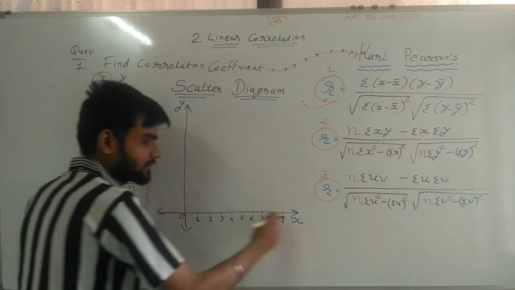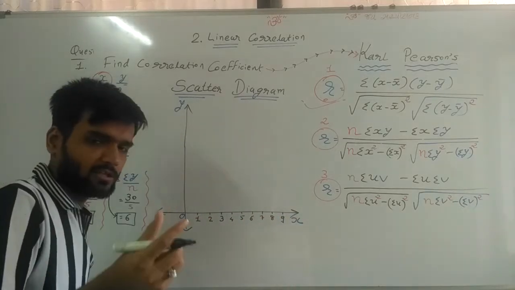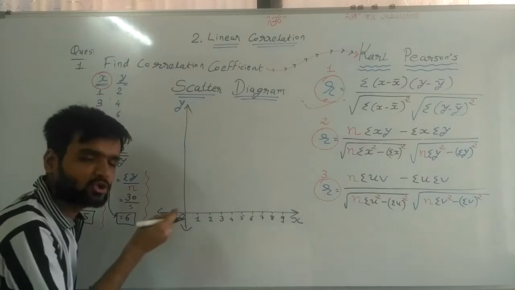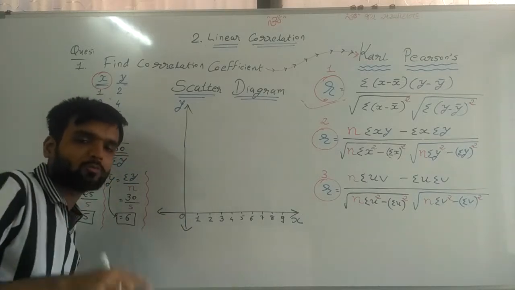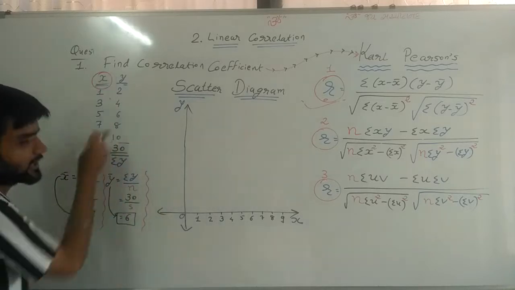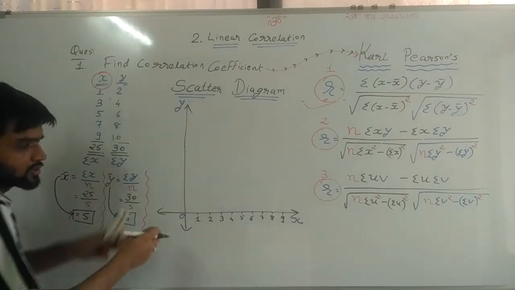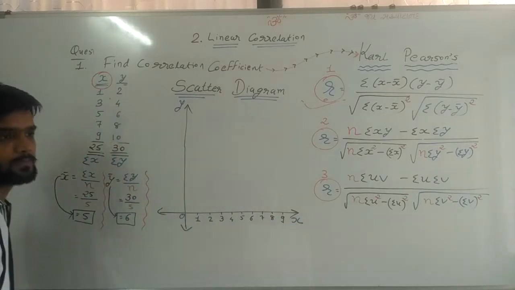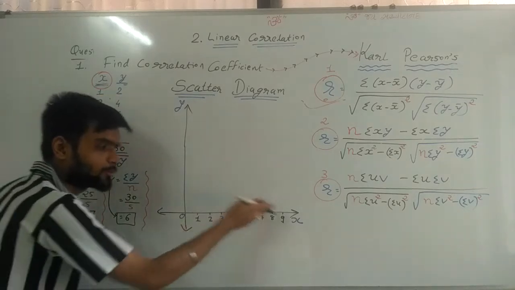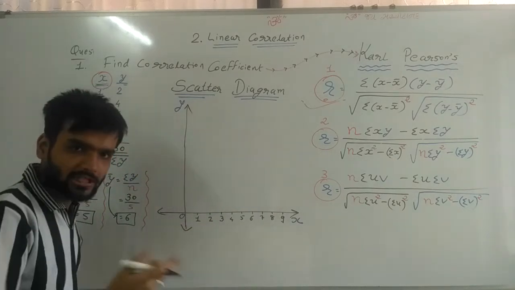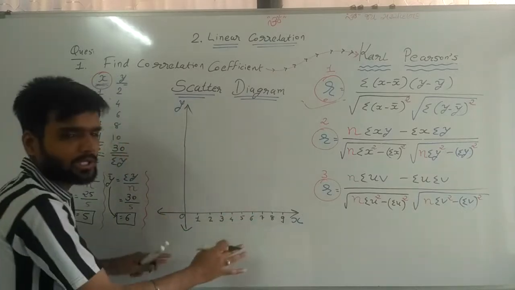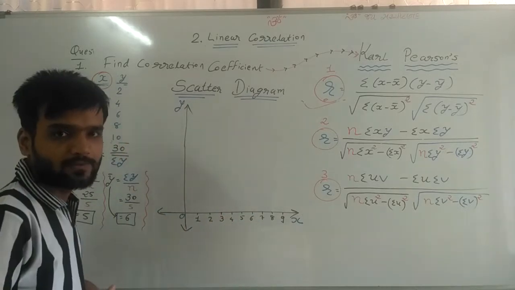We can take 1 scale for a particular square. You can take 2 scale for a particular square as per the instruction given. How far do you have to go? The minimum value is 1 and the maximum value is 9, so I have to go up to 9. That's why 1 scale is okay for this x-axis.